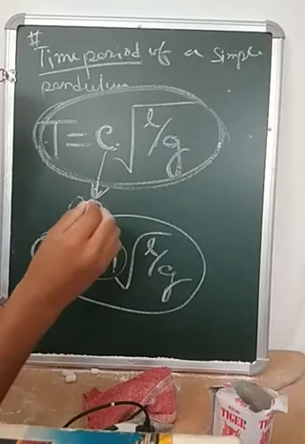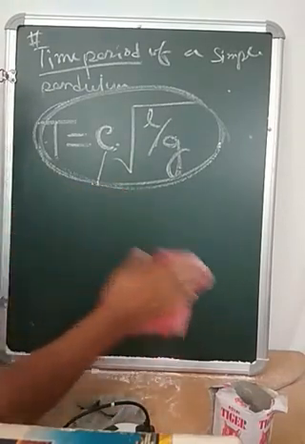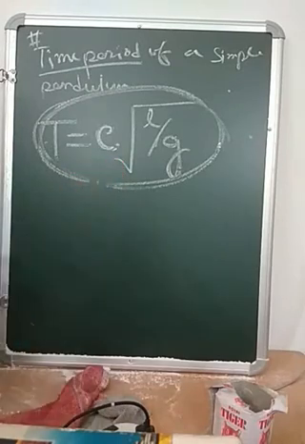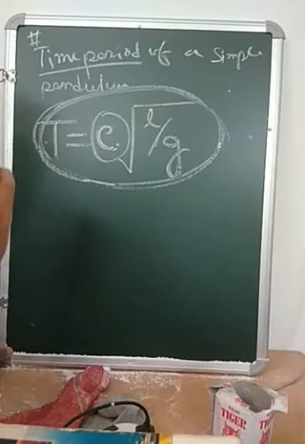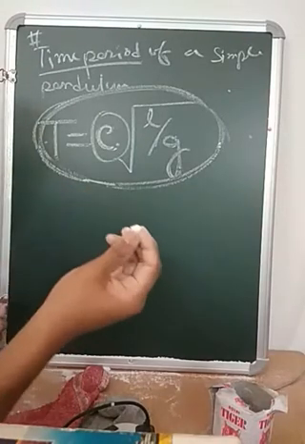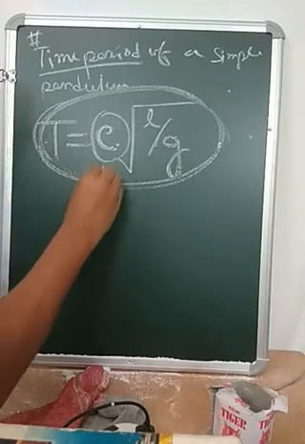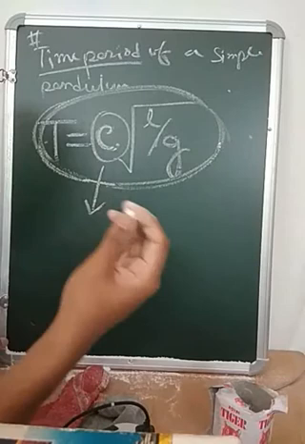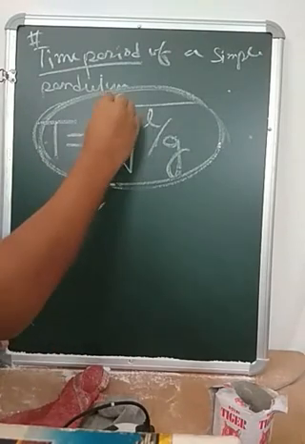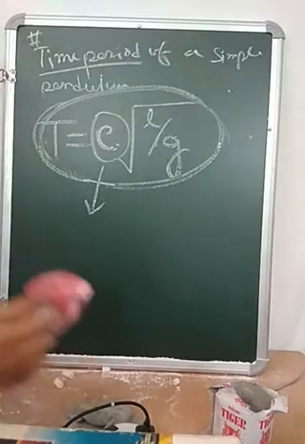So there is a drawback of dimensional formula: we cannot find the value of the constant term when we derive a formula with the help of dimensional analysis.